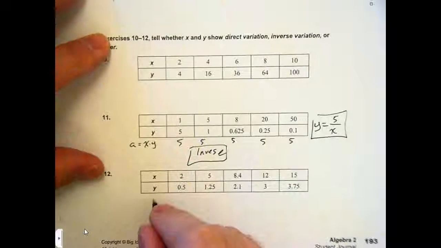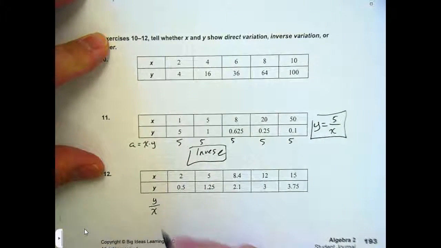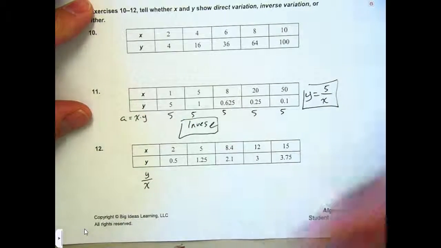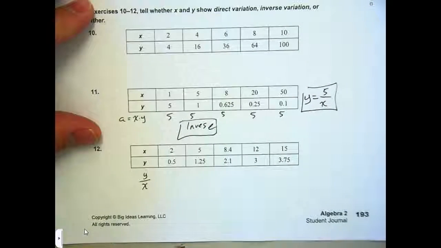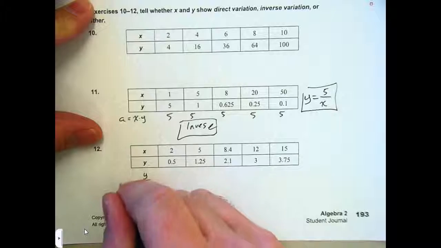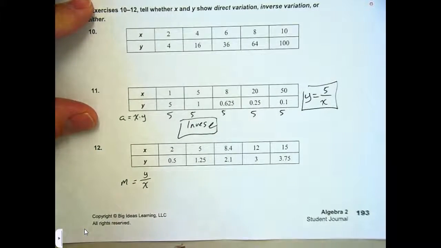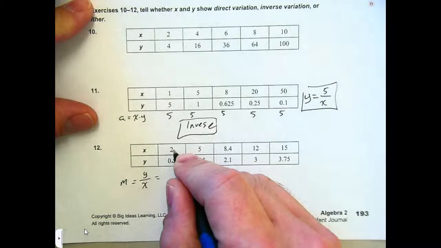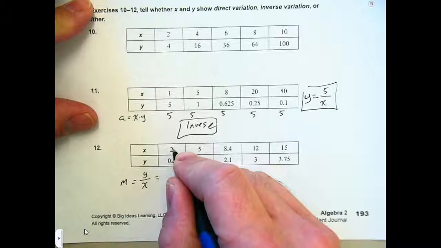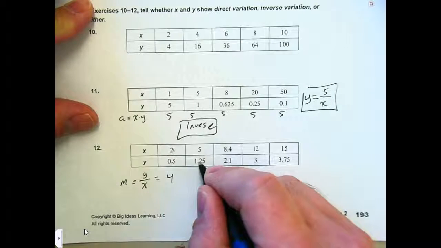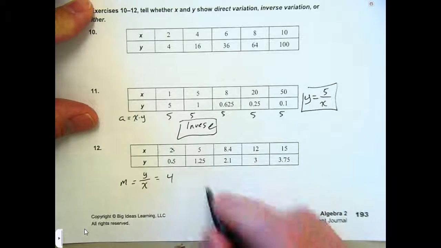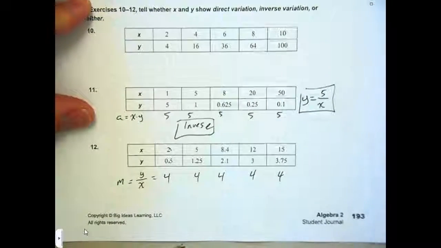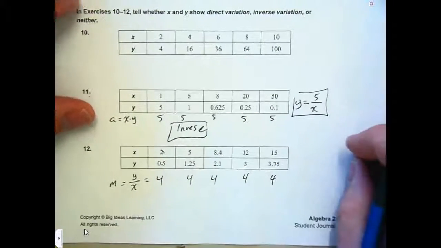What is y divided by x? What do we call y over x? We call that rate of change or slope. So when I divide these two, how many halves are in 2? 4. How many 1.25s are in 5? Let's just go with 4. Those for sure are all 4. That means my slope is 4.